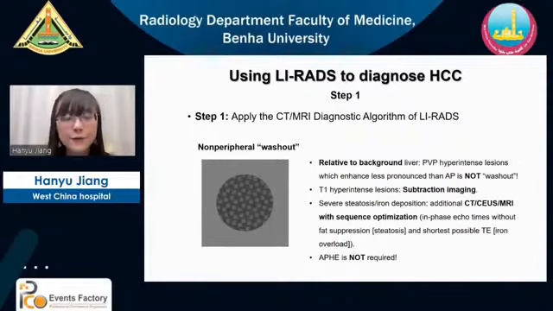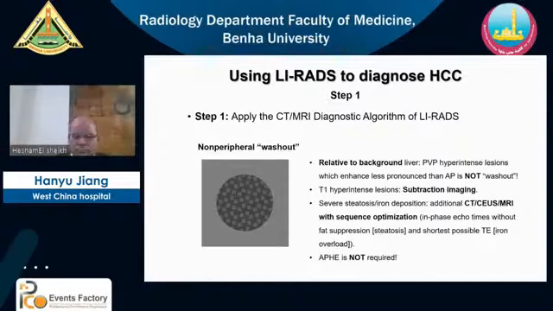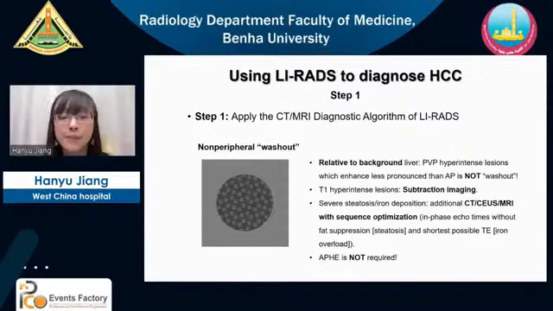Okay, so non-peripheral washout. Non-peripheral washout should be appreciated on portovenous phase or delayed phase, relative to the background liver. So for PVP hyperintense lesions, which enhance less pronouncedly than in AP, it is not washout. And just like the same scenario that we encountered for non-rim FE, for T1 hyperintense lesions, it's recommended to use subtraction imaging to evaluate the real washout on the portovenous phase.